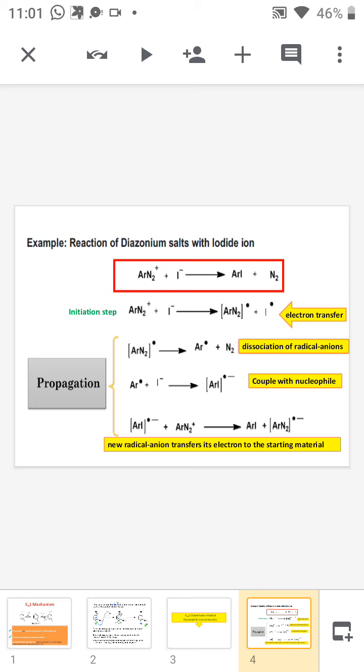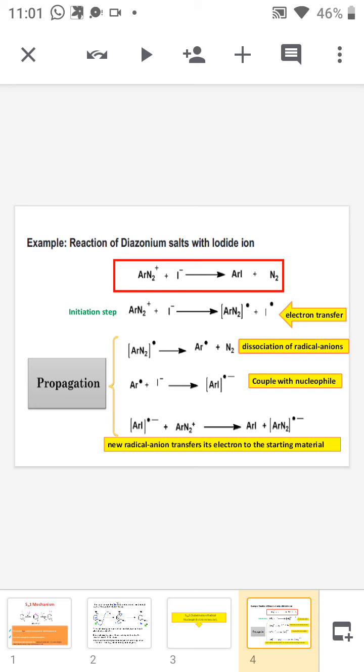In the next propagation step, this Ar radical again reacts with iodide ion to form an arenyl radical anion, that is the ArI radical anion. Here the Ar radical combines with iodide, that means it combines with a nucleophile, to form a radical anion.